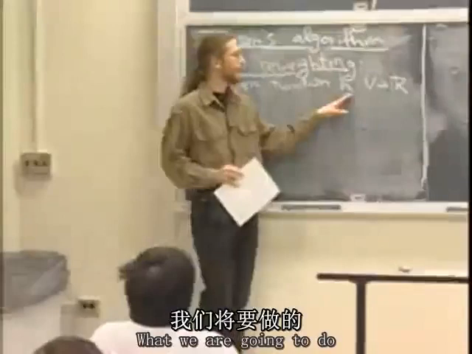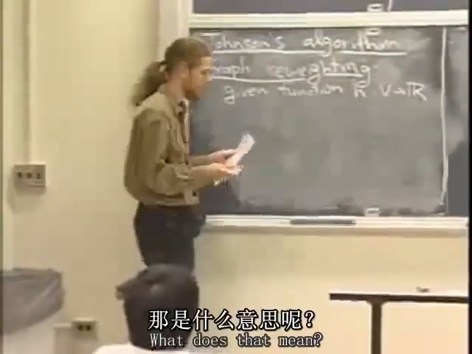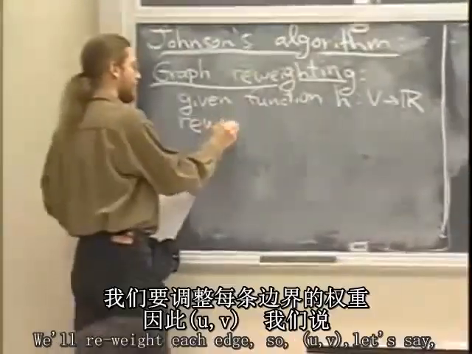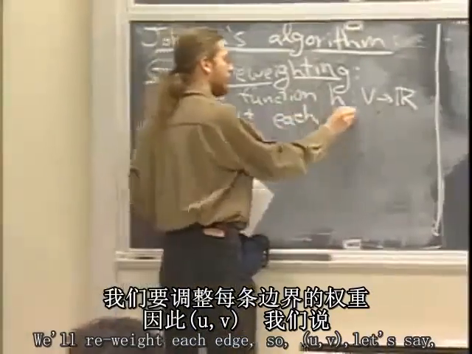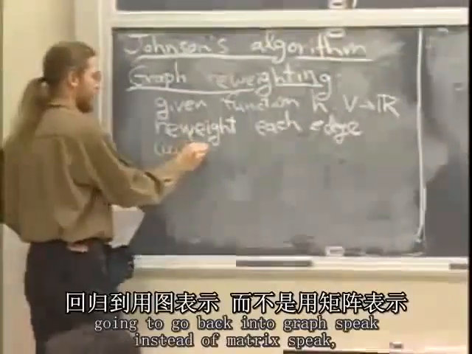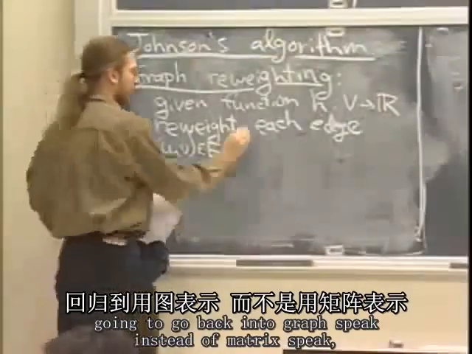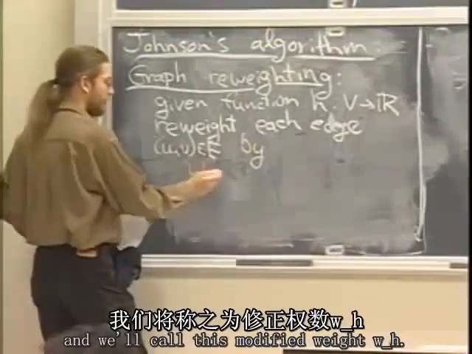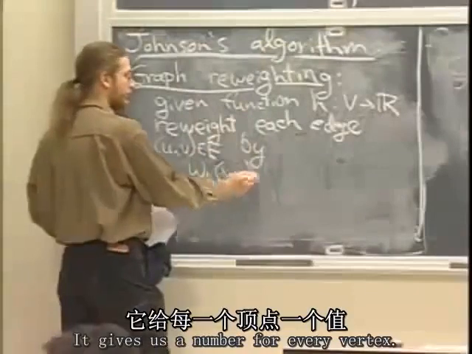What we're going to do is add a particular weight to each vertex. What does that mean? Well, because we really only have weights on the edges. Here's what we'll do. We'll reweight each edge. So U, V, let's say, I'm going to go back into graph speak instead of matrix speak. UV instead of I and J. And we'll call this modified weight W sub H. H is our function, gives us a number for every vertex.